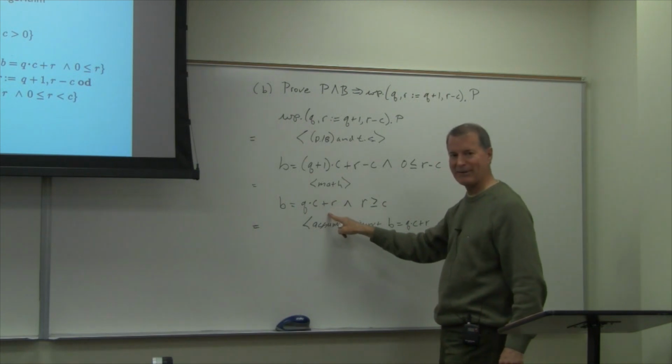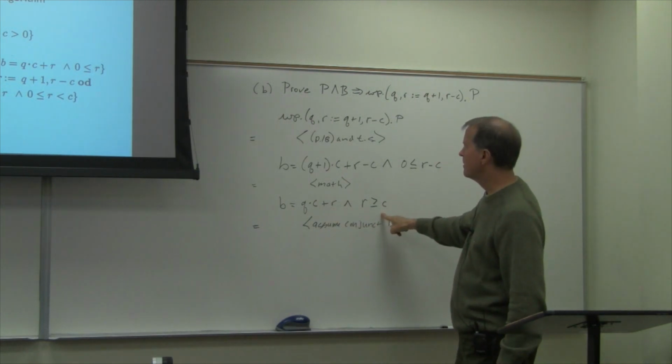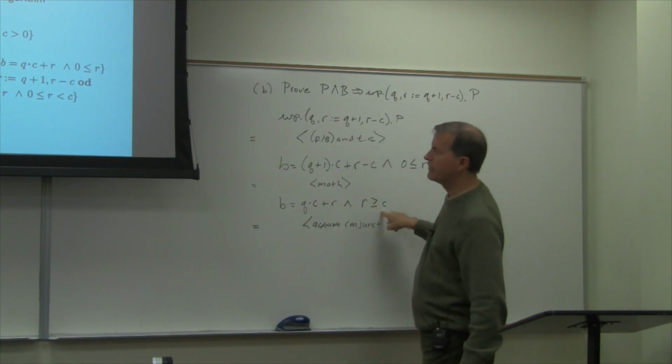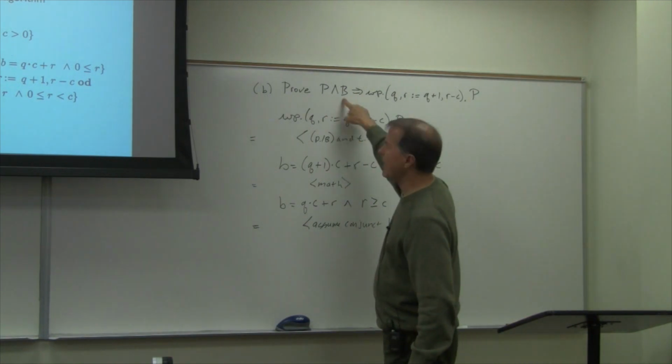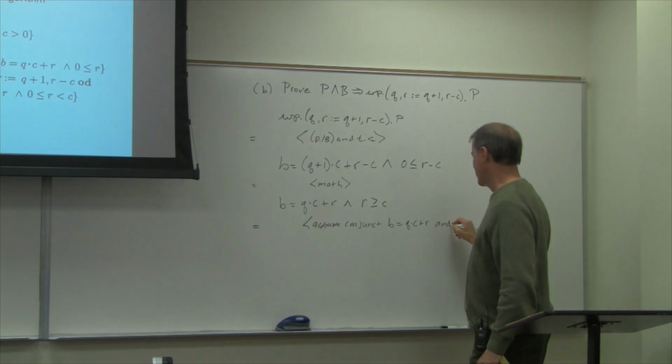That's exactly that one. But now what about this one? Well, that looks like the guard. The guard is P and B. So R is greater than or equal to C, so here's the guard, right? This one's the guard. So that looks familiar. Oh, it does, son of a gun.